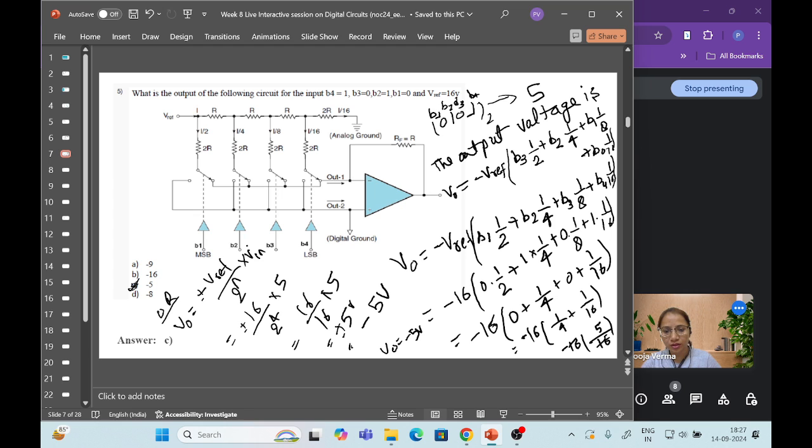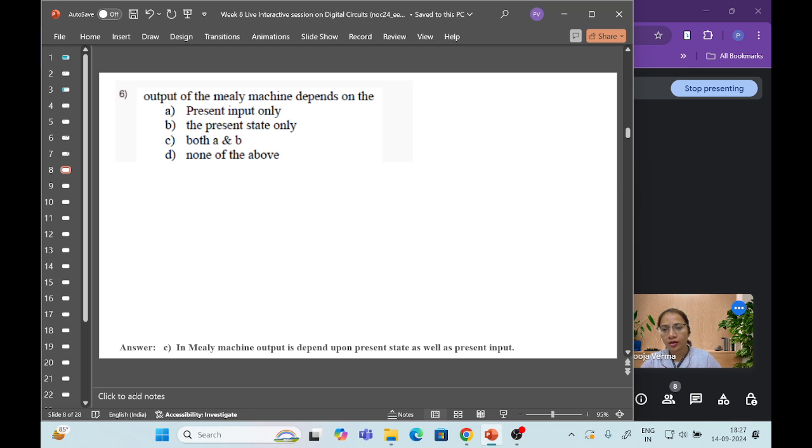Moving to the next question. So next question is, output of the Mealy machine depends on. Option A is present input only, option B the present state only, option C both A and B, and option D is none of the above. So this is a very basic question. I think you can answer also.